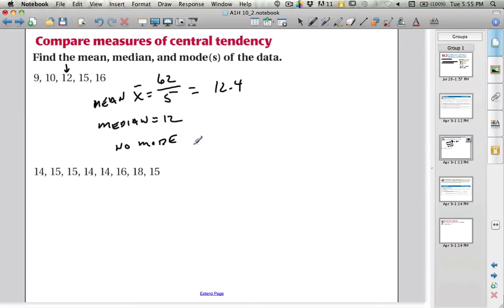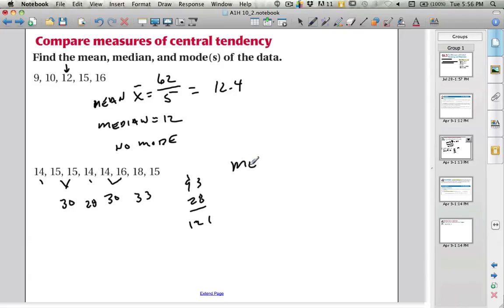Okay, if we want to take a look at this other data set, I'm going to go ahead and add these together, or actually I can show you some other ways to go about it. 15 and 15 is 30, 16 and 14 is 30, 14 and 14 is 28, 18 and 15 is 33. So I've got 30, 60, 93 plus 28 is 121.